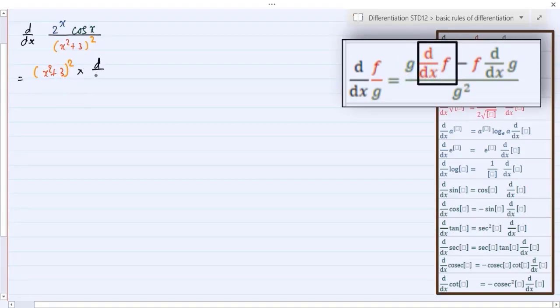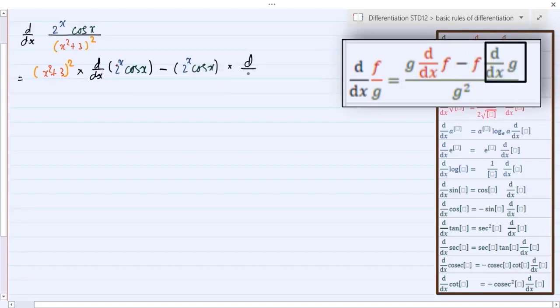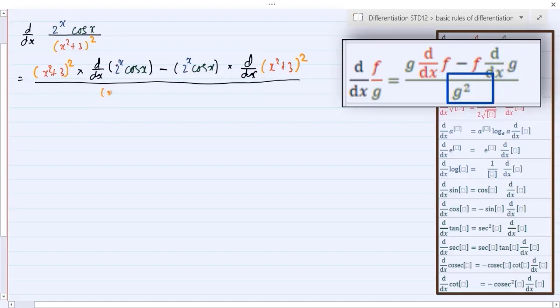We just have to differentiate your numerator, which is 2 raised to x into cos x, minus your numerator will be as it is, into differentiation of your denominator, which is x square plus 3 the whole square, whole divided by x square plus 3 the whole square.